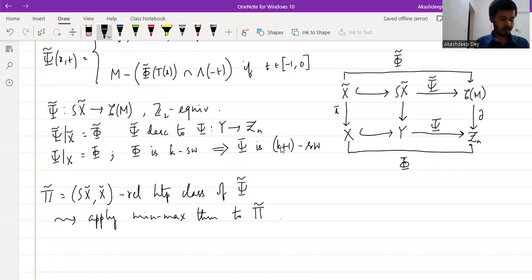But to apply the min-max theorem, we need to ensure that L_C of Phi tilde is greater than sup A_C of phi tilde x, small x in x tilde.